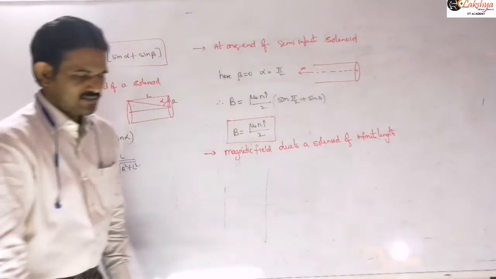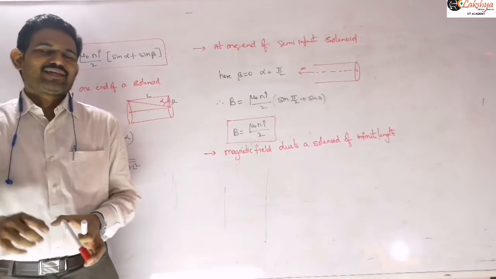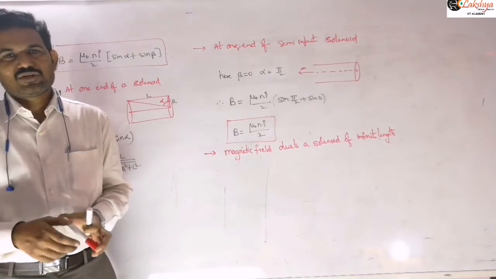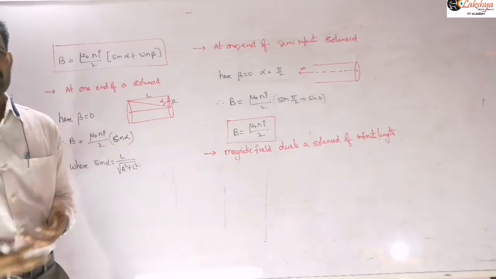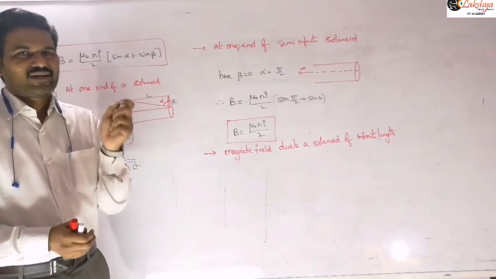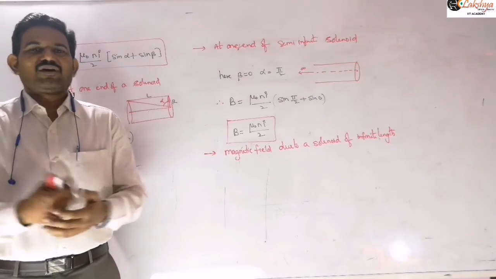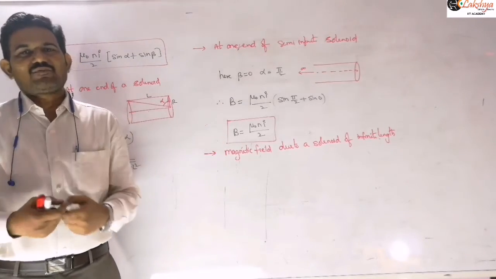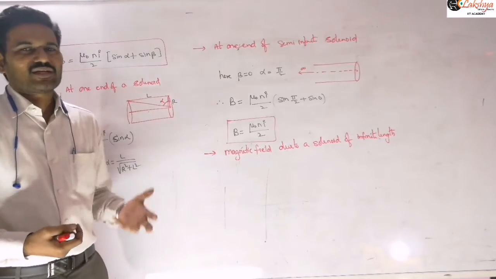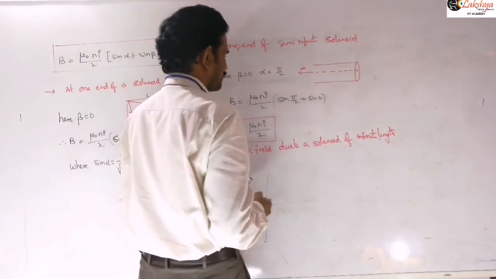Here, as I said, you need to remember that infinite in the sense simply means its length is very large when compared to that of the radius. The infinite meaning itself is nothing but that only. It is comparatively very large. So if the radius is of the order of centimeters, and the length of the solenoid is like 10 meters or 20 meters, then you can consider that as infinite, right? So that is the meaning of infinite here.